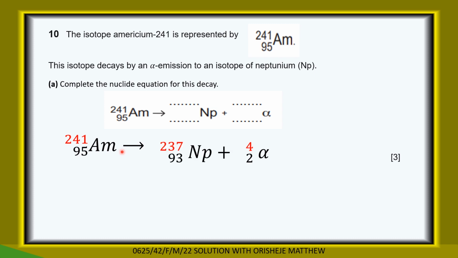Then subtract 2 from 95, and that will give me 93. So neptunium has that isotope representation.